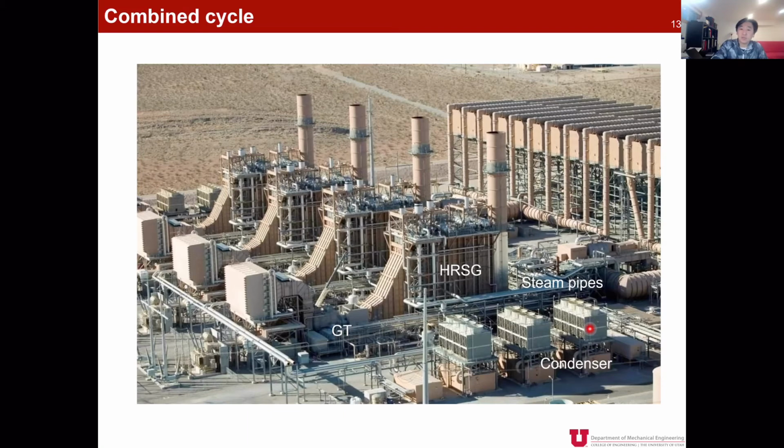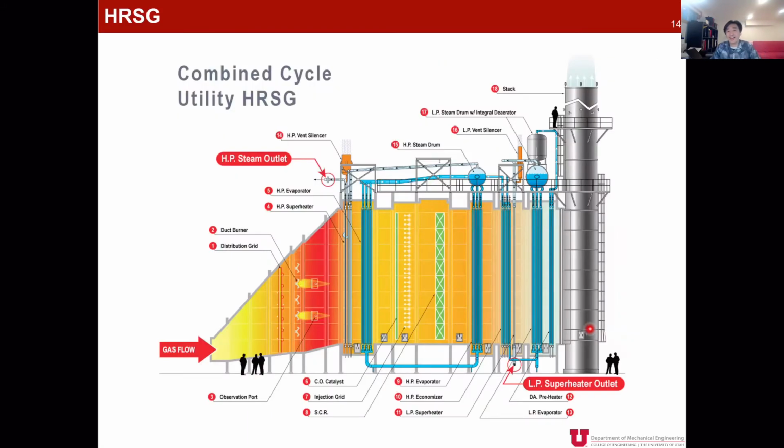Okay? So let's take a look at the HRSG more. And as I said, even though that looks quite simple in the schematic diagram, what it looks like in reality is quite complicated because we have a lot of pipelines, and we also have drums to collect the water and then take out steam. Okay? And the main section is the exhaust gas passage section.